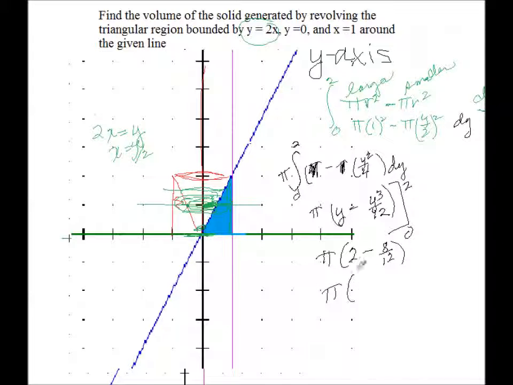Pi, and we want to change this to 2/3. This would be 6/3 minus 2/3, so it's going to be 4/3 pi for the volume here. Sorry that that math is so ugly.